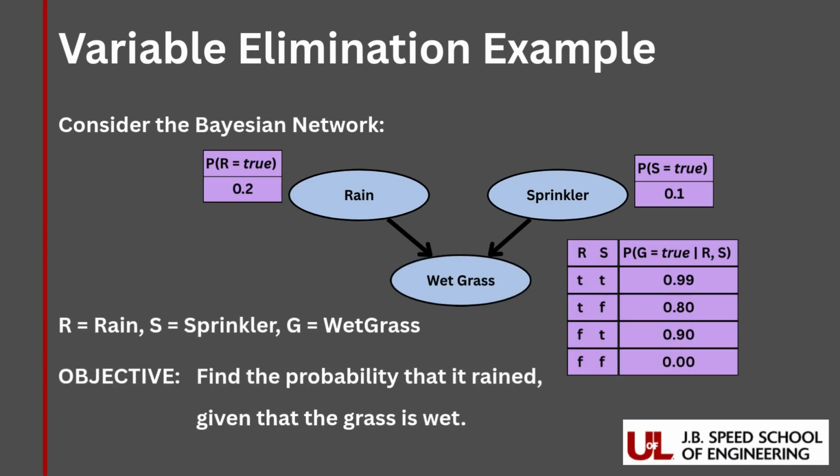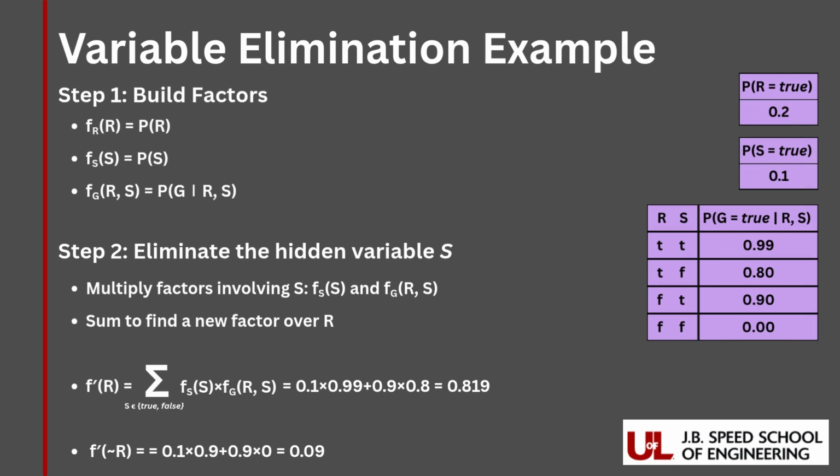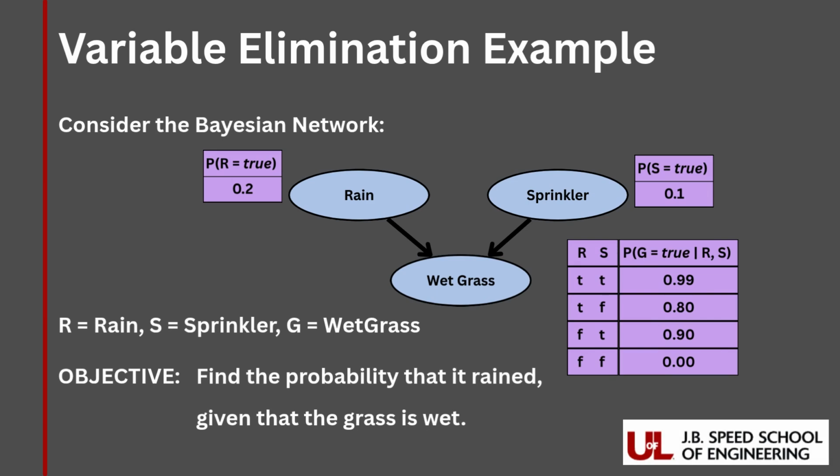So same example that we just had, but in fewer steps using variable elimination. And so our factors, we're going to notate them as f_R of R, f_S of S, and then the factor representing the grass being wet, which is based off of the parents, R and S. And so we can view that as the probability of grass given R and S. Okay, so recall that in our objective, we're trying to find the probability that it rained given that the grass is wet.